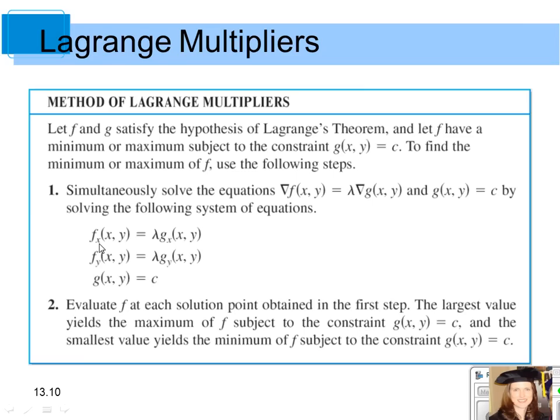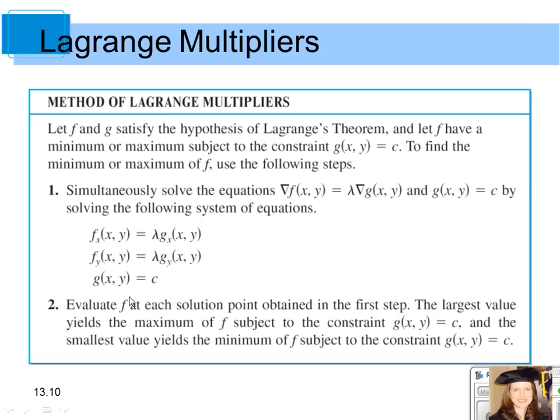The partial derivative with respect to x of the primary function, f of xy, is equal to that multiplier times the partial derivative with respect to x of the constraint equation. And the partial derivative with respect to y is equal to the multiplier times the partial derivative of that constraint with respect to y.